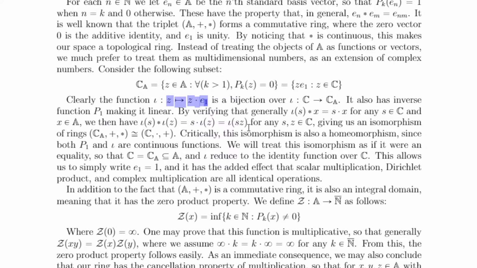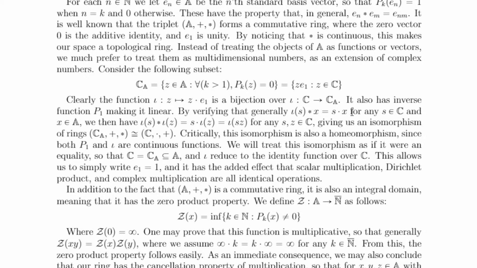We can also verify really easily that if we take some complex number s and send it through this inclusion map to turn it into an element of our space, and multiply this with the Dirichlet product by any object x in our space, it's the same as just pointwise multiplying s in the first place. So whether we include x into our new space and then use the Dirichlet product, or just use the vector space pointwise multiplication, it's the same thing.